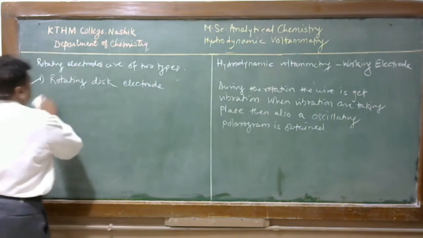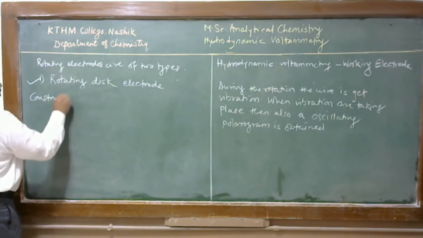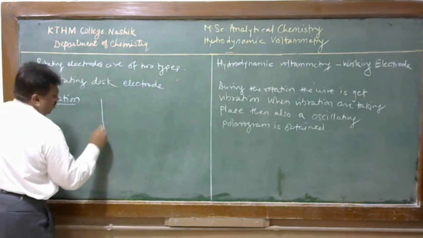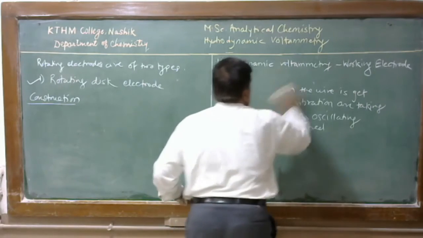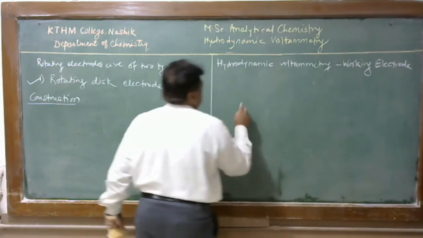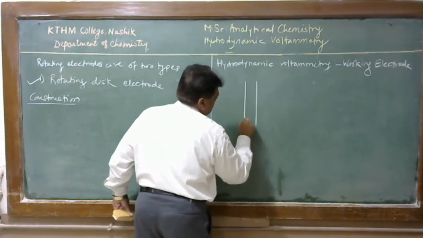Students, now we discuss the construction of this rotating disc electrode. The rotating disc electrode is constructed using a platinum disc. The electrode is like this. Here there is a heavy glass tube.